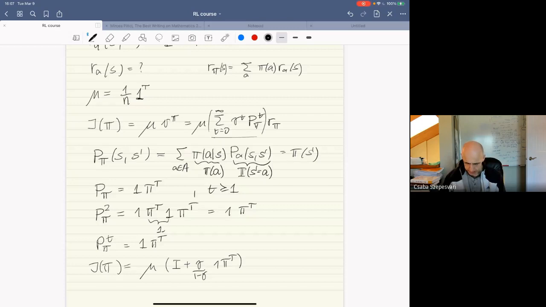and then r pi. And instead of r pi, let's just imagine that we rewrite this immediate reward as a big matrix.